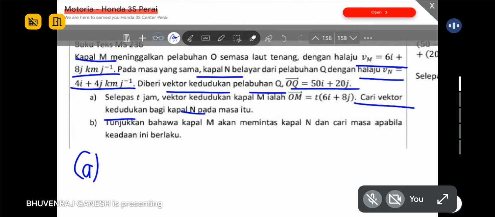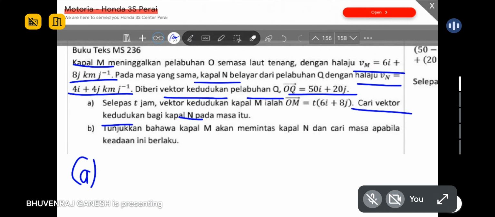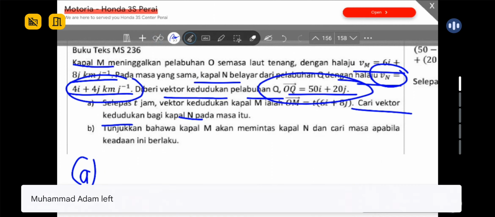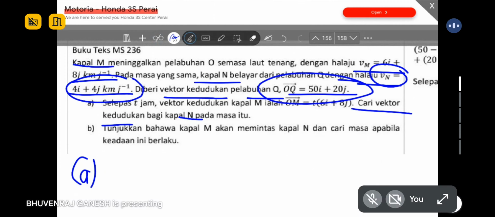So you must actually use the information of kapal N lah. So you must use the velocity for N, of course. And this is the position vector of the port, pelabuhan. So you think common sense, guys. When the kapal is leaving, right? The kapal actually leaves from where? Kapal tu bertolak dari mana?